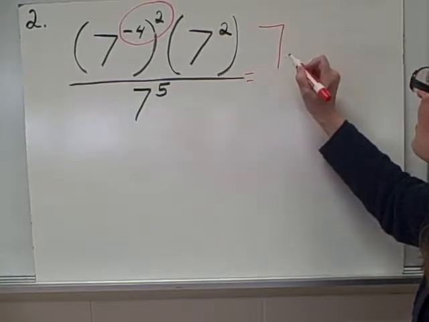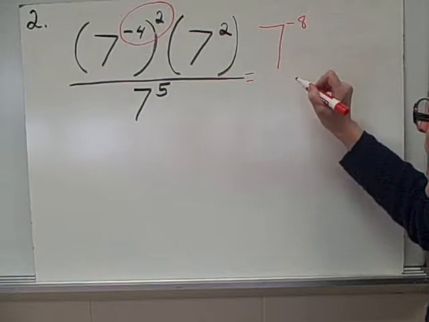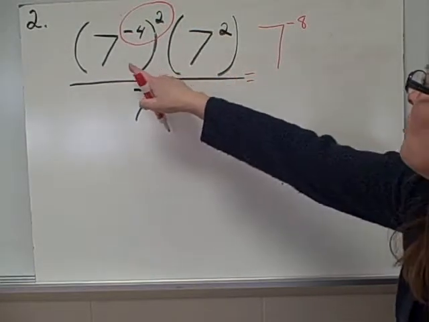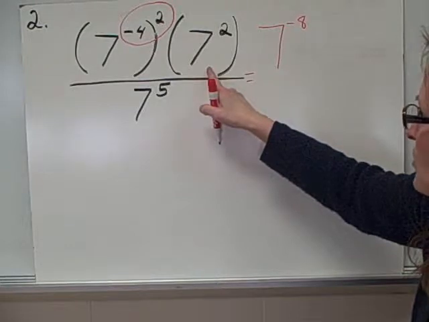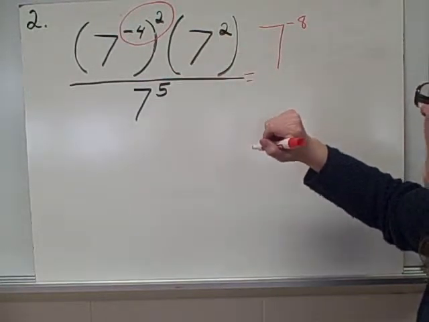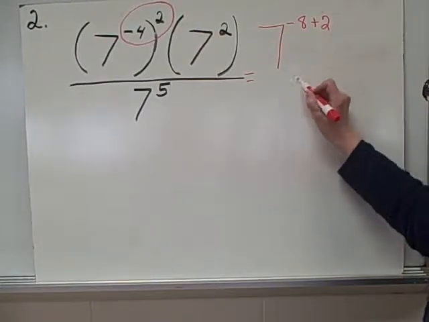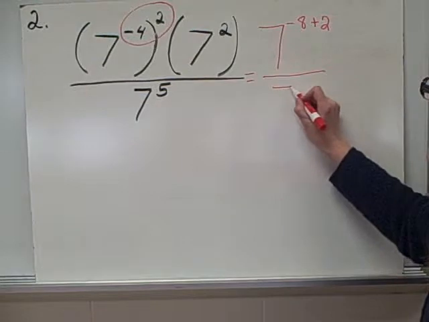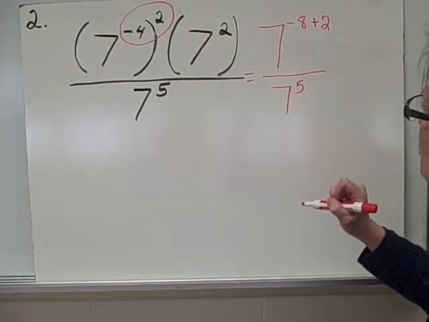So 7 is now going to be to the power of -8. When I have common bases, and they both have powers, my bases are being multiplied, my powers get added. So this is going to be +2. My denominator, 7 to the 5th power, does not change at this point.